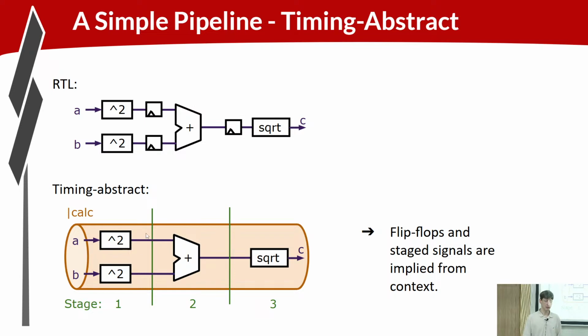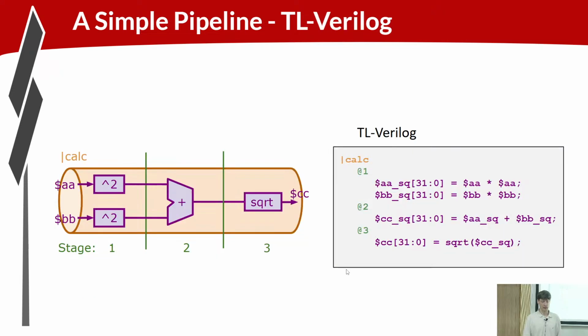So I'm not depicting the flip-flops in this representation of the model. Instead, I'm giving it context, and from that context I can imply the flip-flops. If I assign a squared in stage 1, but then I use it in stage 2, I need a flip-flop to get me from stage 1 to stage 2.